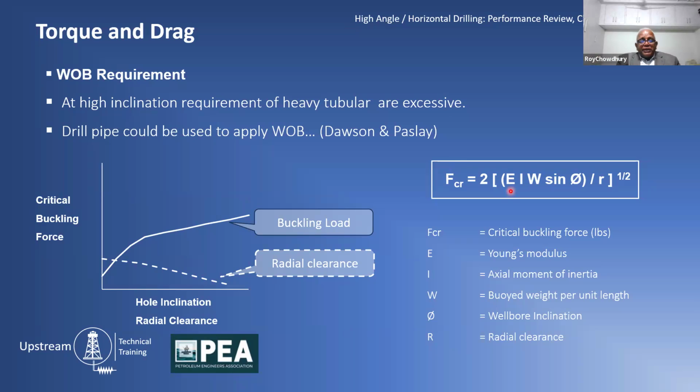Now, critical buckling load is Young's modulus times axial moment of inertia times weight on bit that you are applying and the sine of the inclination, divided by the radial clearance, the clearance between the wellbore and the pipe.